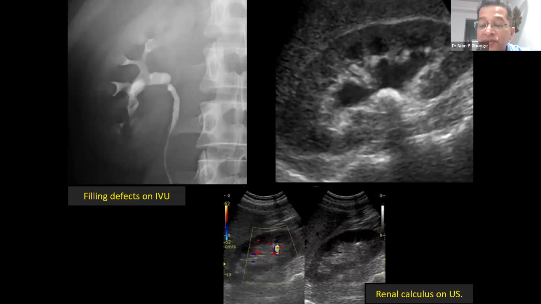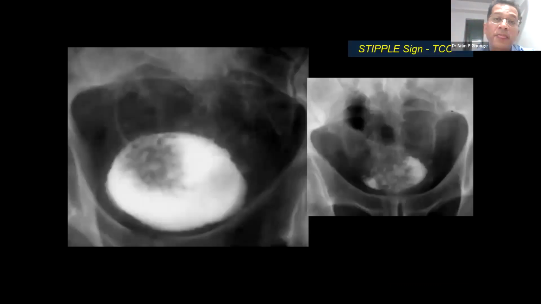There is a lot of physics involved in deciding whether a small echogenic area is a stone or an artifact. Therefore it is important to understand that whatever is reported on ultrasound as small calculi may or may not be calculus, and it depends on the technical expertise of the person who is doing the ultrasound.